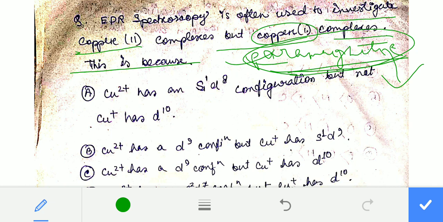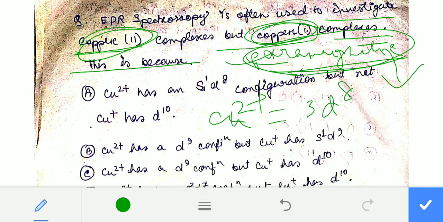This is the basic requirement for the compound. Now, the statement says that copper 2 can be investigated but copper 1 cannot. The outermost electronic configuration of copper 2 plus is 3d8 4s0, sorry, it's 3d9.